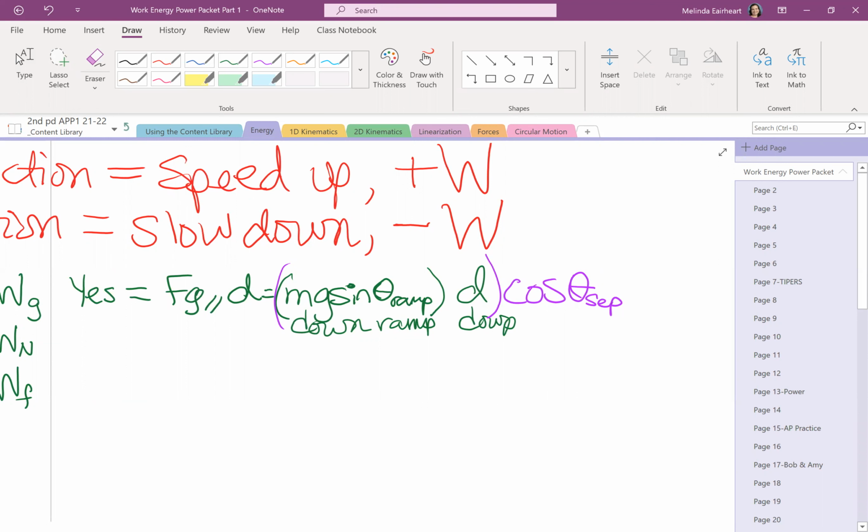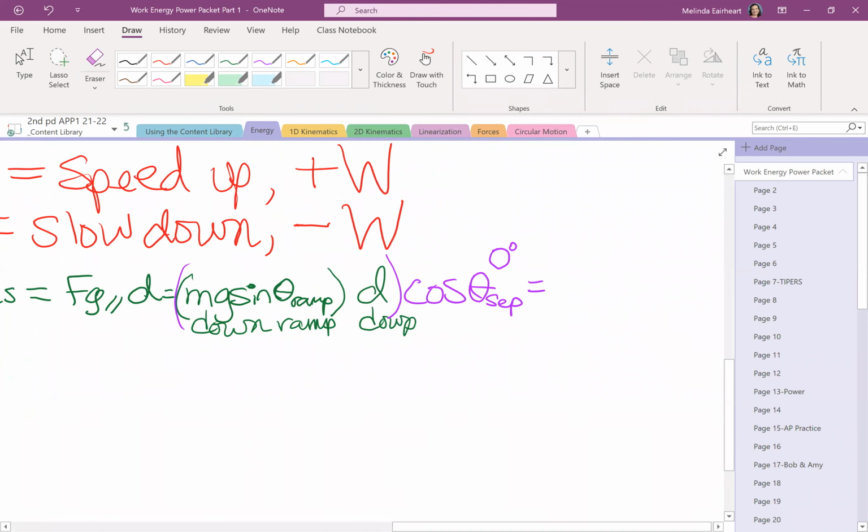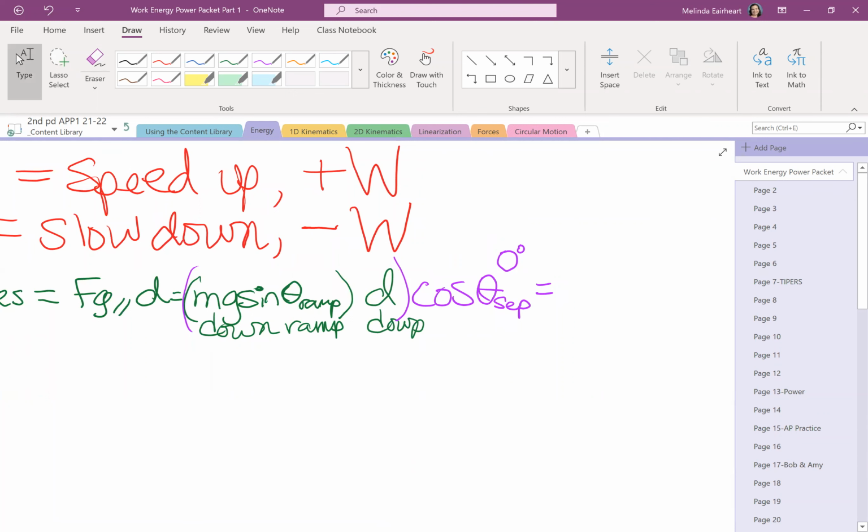And so if gravity is pulling it down the ramp and it's moving down the ramp, what is the separation angle? It'd be 0, and cosine 0 is what kind of one? Positive. Once we put numbers in, we may not get 1, but you have positive work done by gravity.